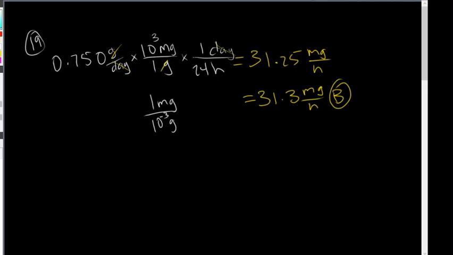Okay. For number 20, you have magnesium has 3 naturally occurring isotopes with the following masses and natural abundances. Calculate the average atomic mass of magnesium.